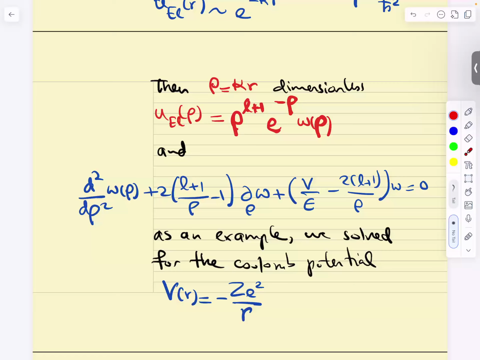This is the kinetic piece. What is the potential piece? Half m omega squared r squared. But what is r squared? r squared is x squared plus y squared plus z squared, right? That's what r squared is.